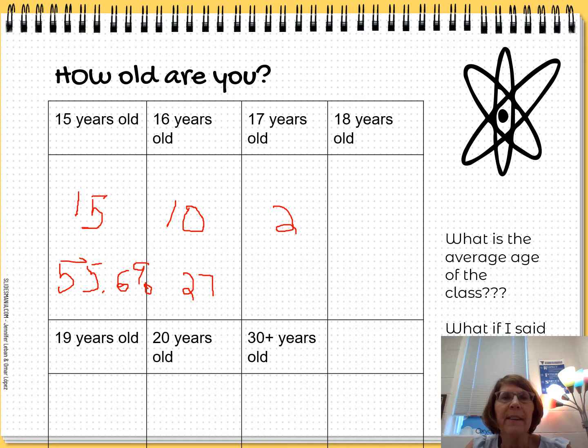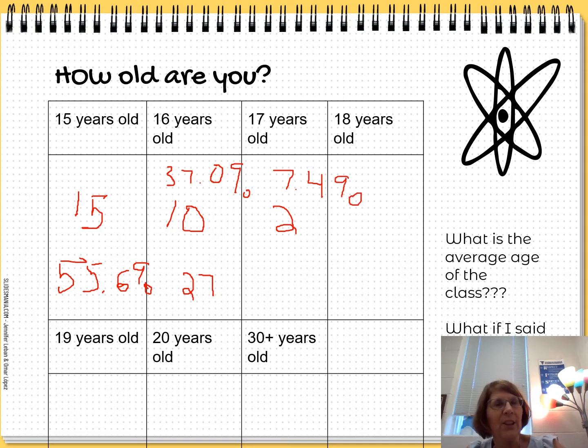We have 37% are 16-year-olds, and then we only have 7.4% that are 17. So these percentages, what I just found out, are what we call relative abundance.